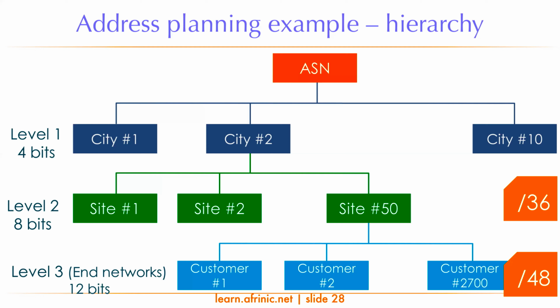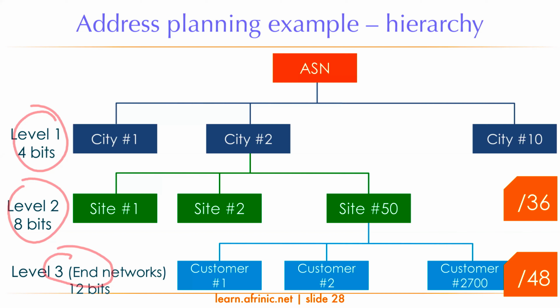So what about the city level? You can look on your left, we have the number of bits. At the city level, we need 4 bits. The best way to look at it is we started from needing 12 bits to give each customer a /48.